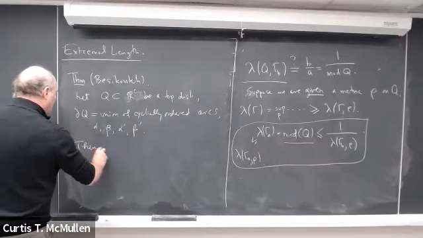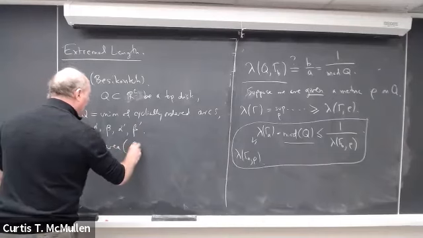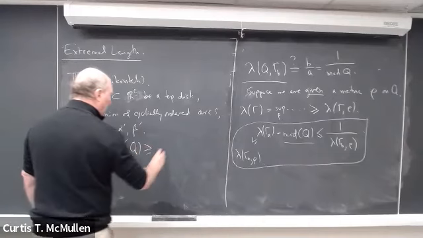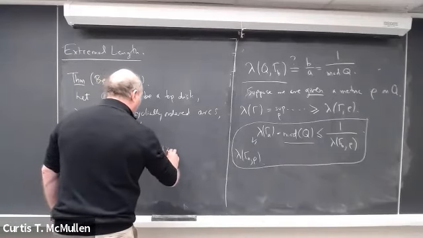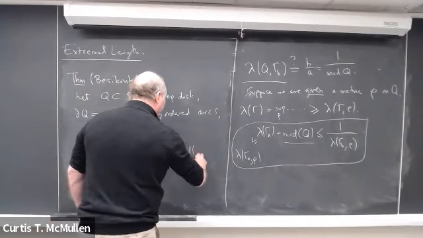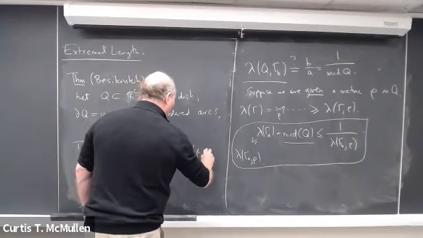Then the area of Q is greater than or equal to the distance from alpha to alpha prime times the distance from beta to beta prime.